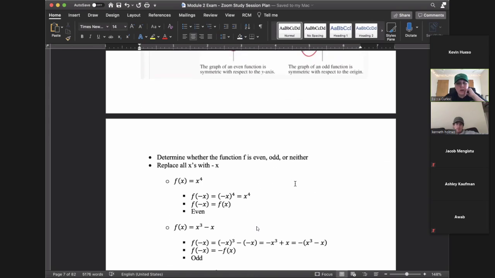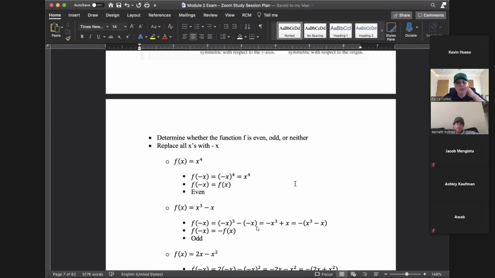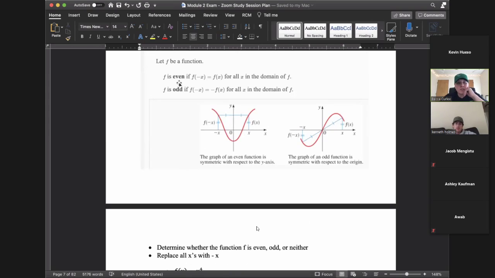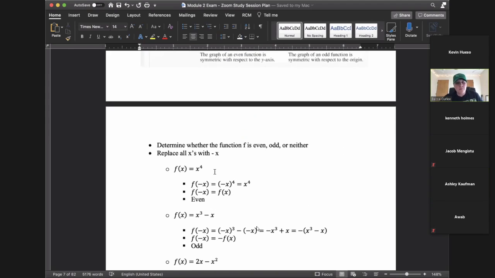So to determine whether a function f is even or odd or neither, you just replace all the x's with negative x. So we can determine both even and odd by just seeing f(-x) and seeing what f(-x) equals. So if we're given f(x) = x^4, then we're going to see what f(-x) equals.